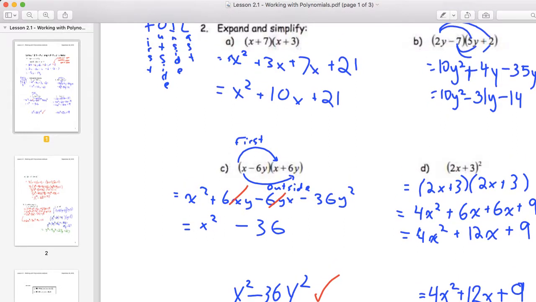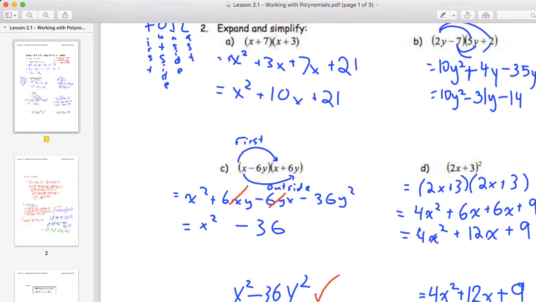Similarly, in question C, FOIL was also used. However, when we were grouping our middle terms together, they actually cancel out. And careful when you're working with x's and y's. If we have two variables, don't forget to multiply the variables that aren't just x's, right?